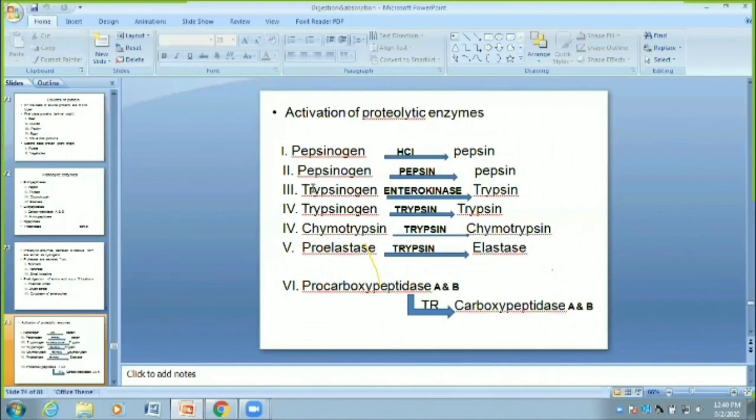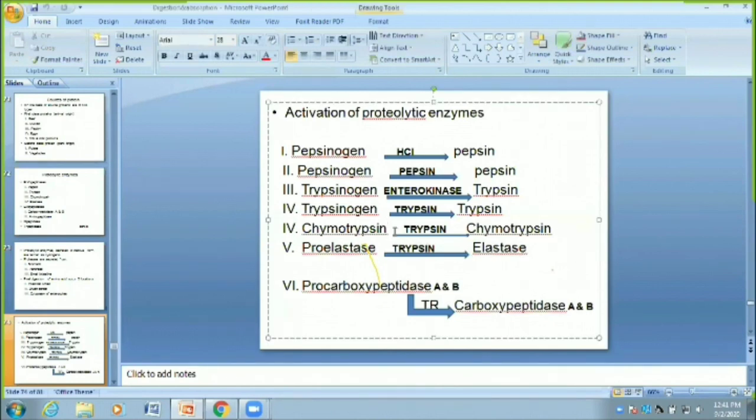Then trypsin is responsible for conversion of chymotrypsinogen to chymotrypsin, and proelastase to elastase.